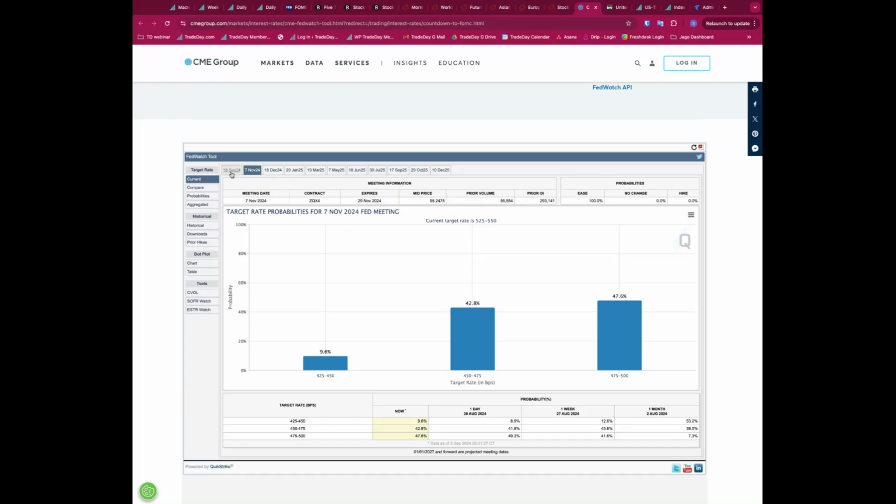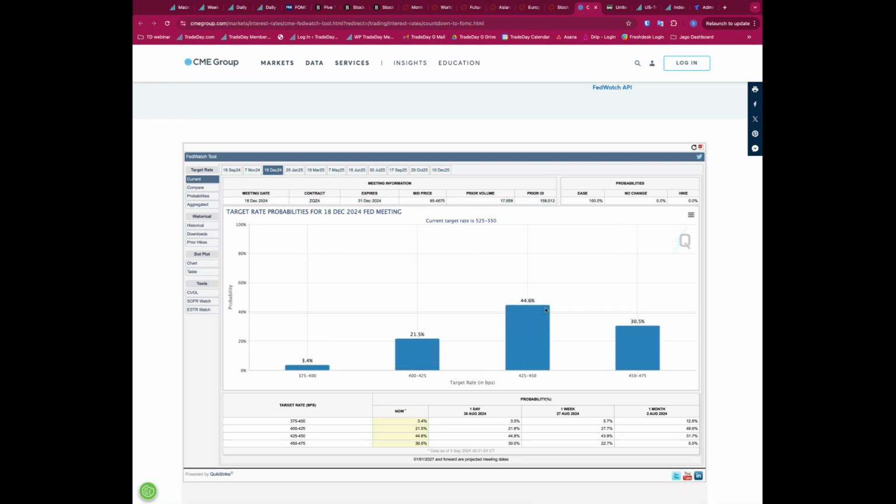So the market is indicating 25 then 50, and then by year end it's indicating a 30% chance that we're down 75 basis points, only a 1 in 3 chance. A 30% chance that we're down a total of 325, or whatever combo, 50, 25, 25, 25, whatever it might be.